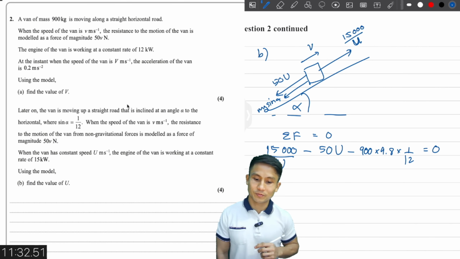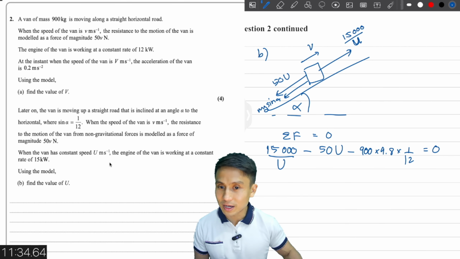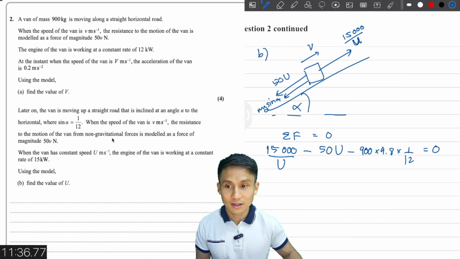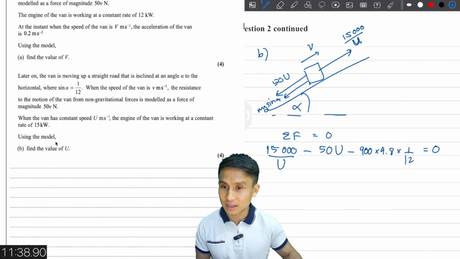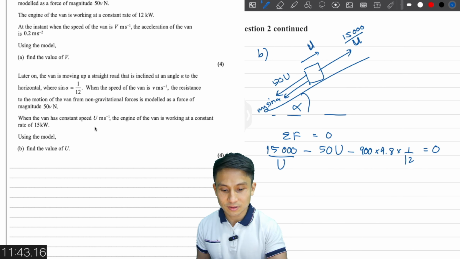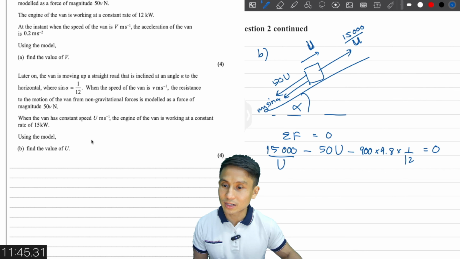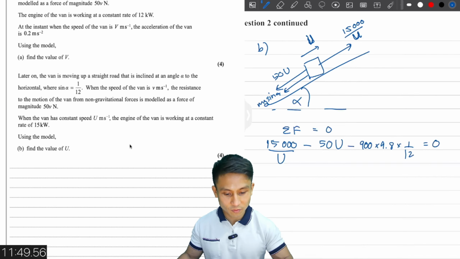Okay, that's it, because they are balanced here. Let me check everything again, if I'm not missing anything. But yes, this is u. No acceleration there. So that's straightforward, 4 marks there.